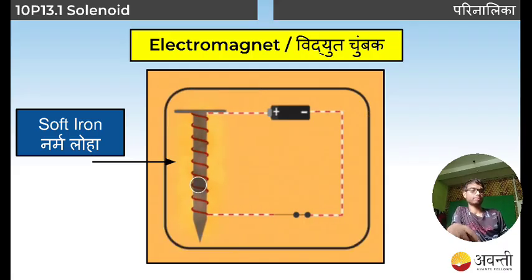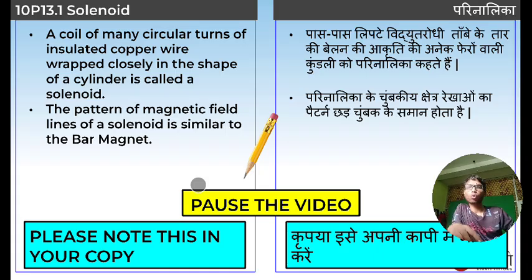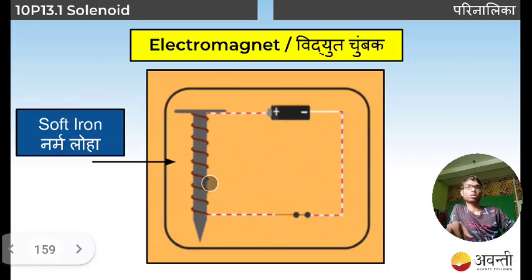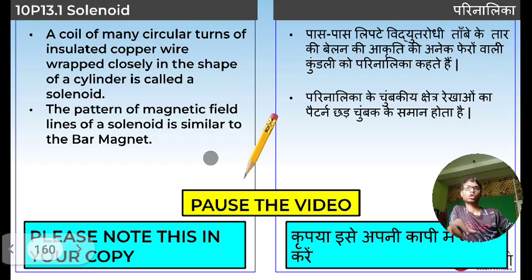Soft iron. A coil of many circular turns of insulated copper wire wrapped closely in the shape of a cylinder is called a solenoid. The pattern of magnetic field lines of a solenoid is similar to a bar magnet.